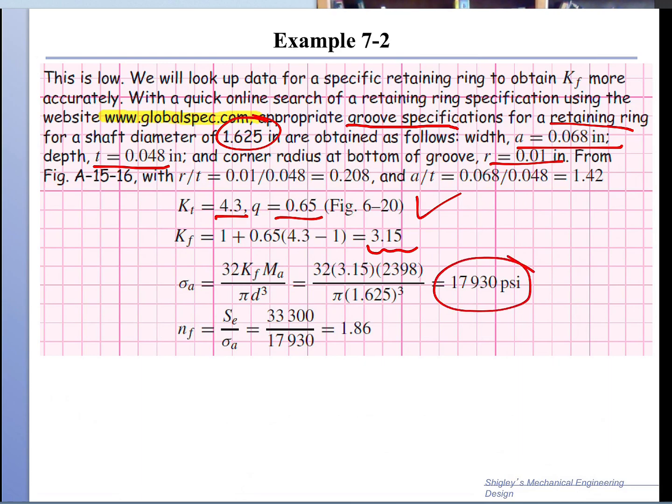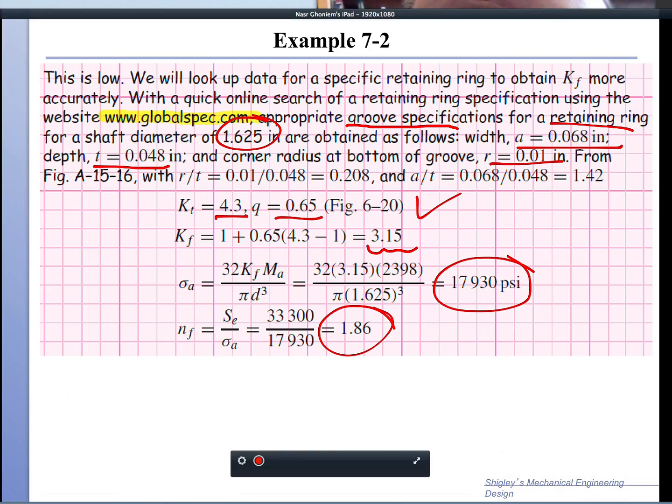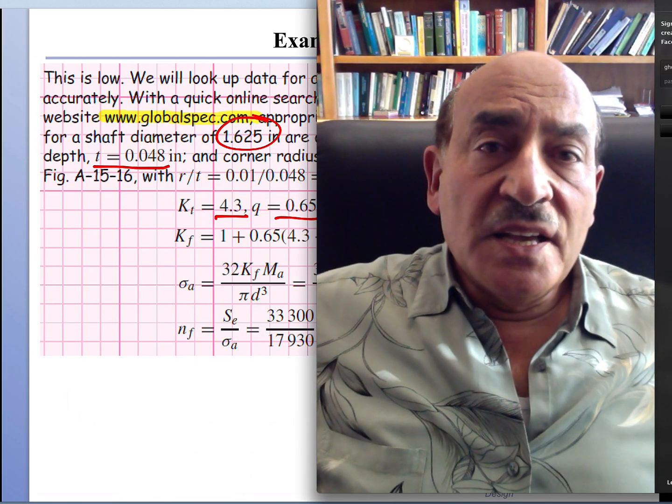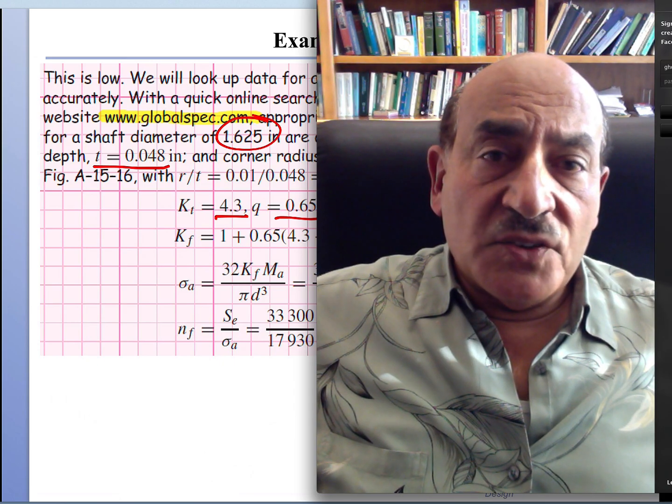And you redo the calculations for alternating stress, and you find that we have a factor of safety of 1.86, which is well above the design requirements.